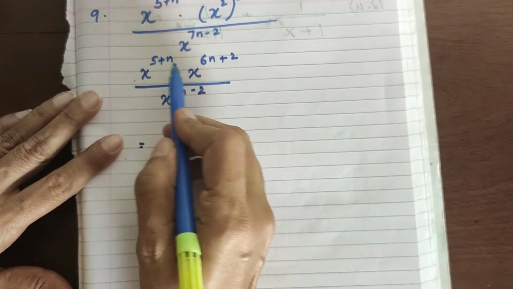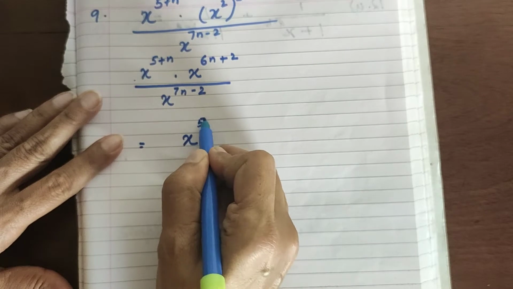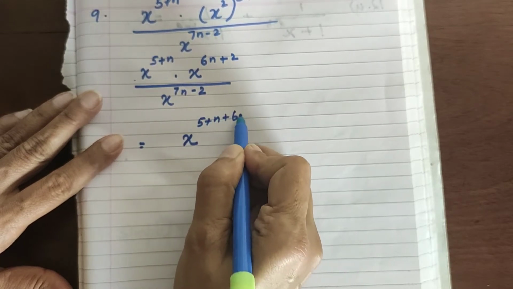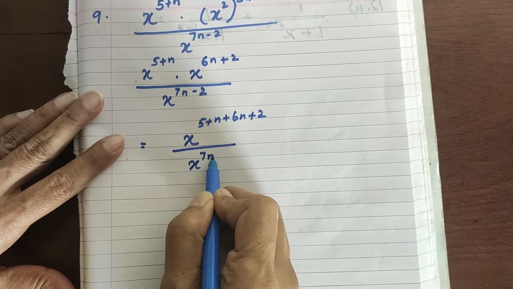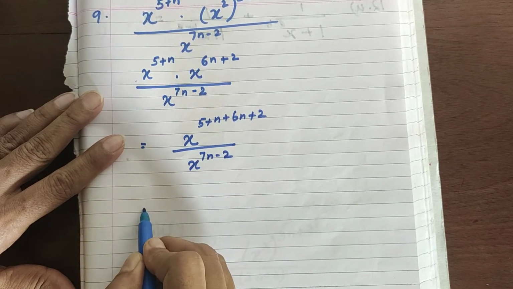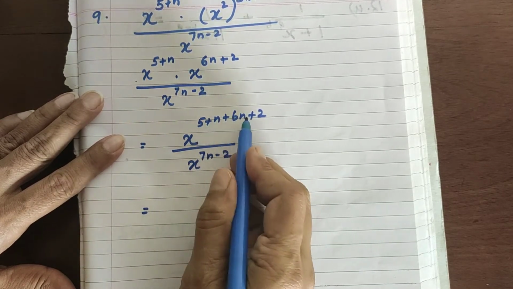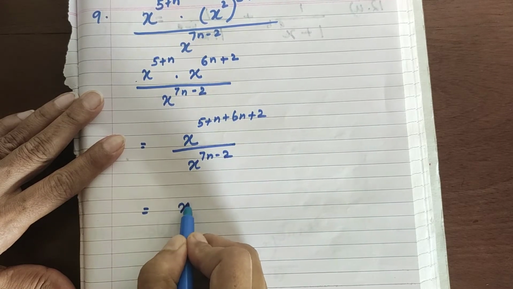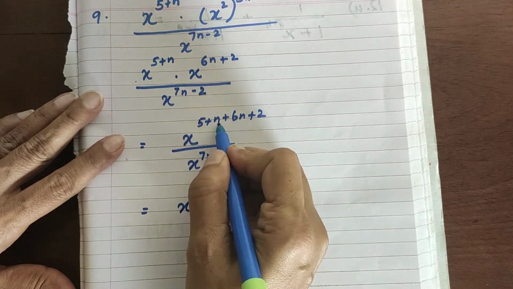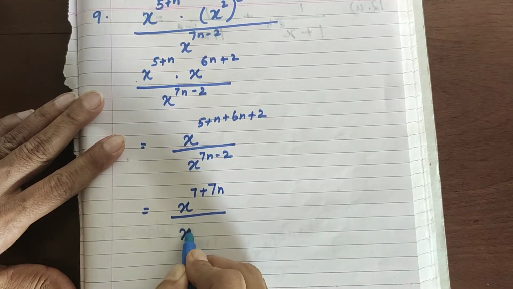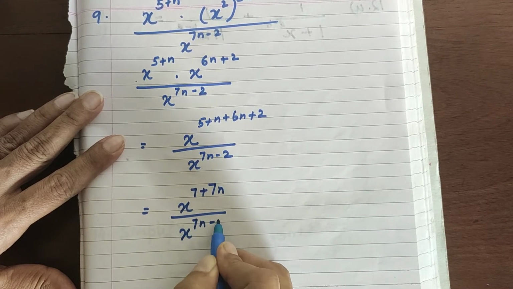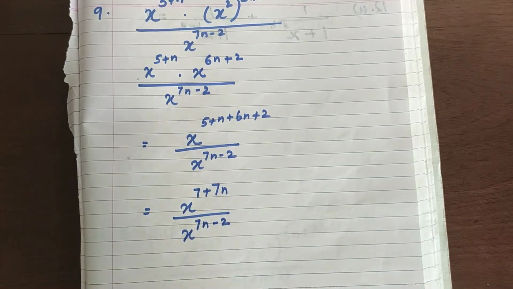Now what will you do? Base is same, so I add. So 5 plus n plus 6n plus 2 upon 7n minus 2. 5 plus 2 is 7, so x to the power 7, 6 plus 1 is 7, so 7n upon x to the power 7n minus 2.